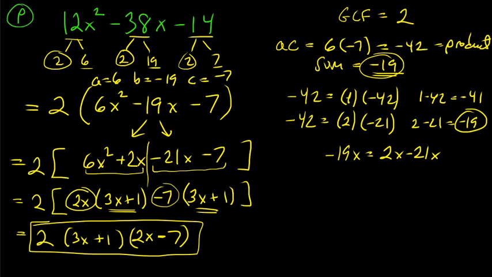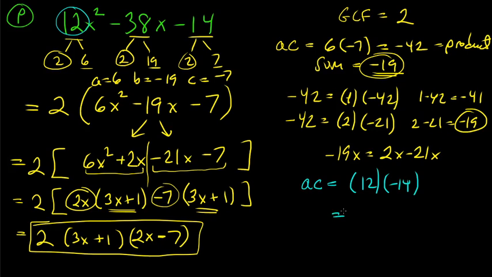Okay. Now, you didn't have to factor out the 2 here as the GCF. I mean, I did, because that's the best way to go. Right? You could have used the AC method, where A is 12, B is negative 38, and C is negative 14. The problem with that is that A times C, 12 times negative 14, is a rather large number.